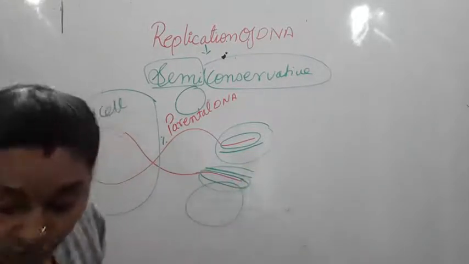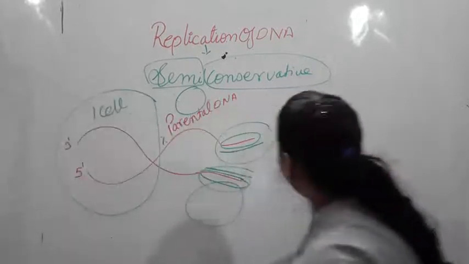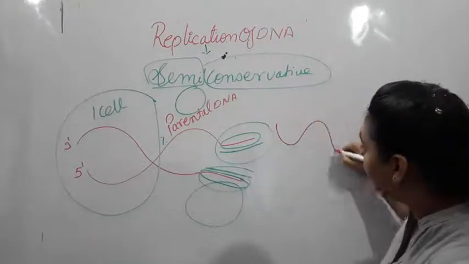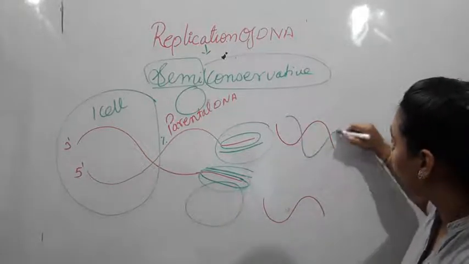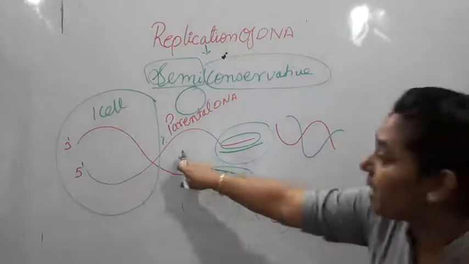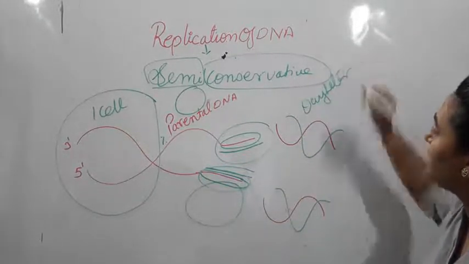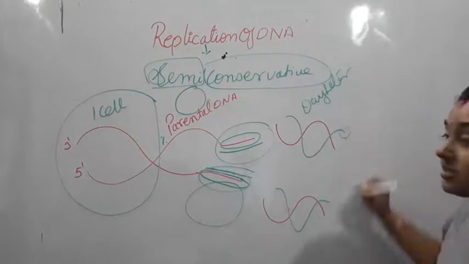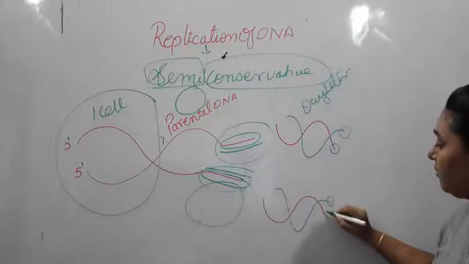Now if you have to make this, how are you going to make it? This particular strand is going to be somewhat like this, and this one. Okay, so now you can see that this parental one and this daughter DNA which you are seeing, this is having one green, the synthesized one, and the red one, that's the parental one. Same way here.